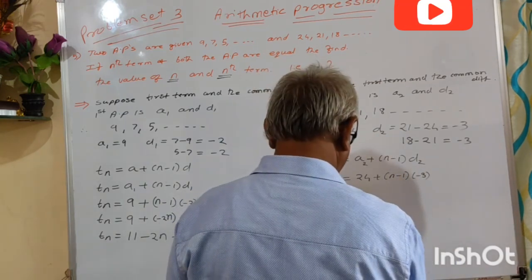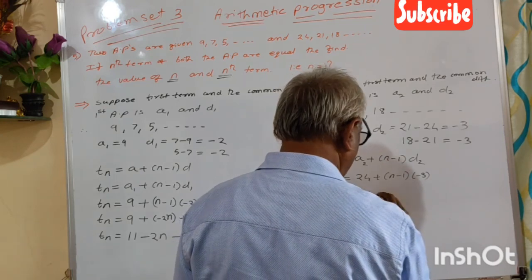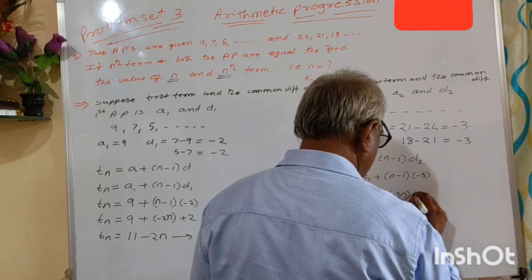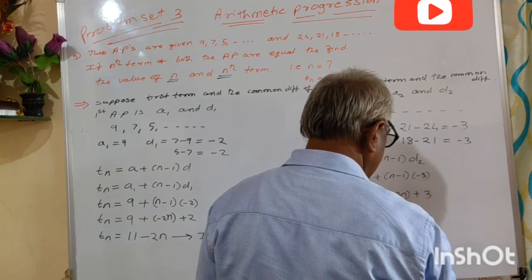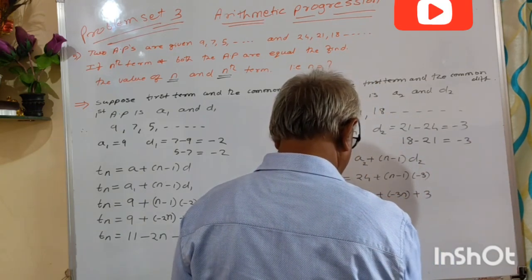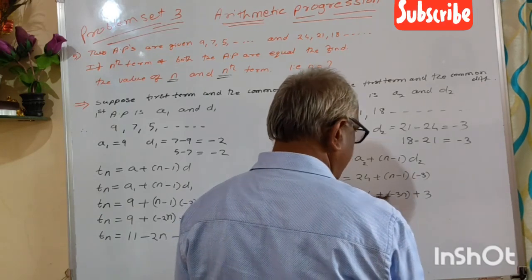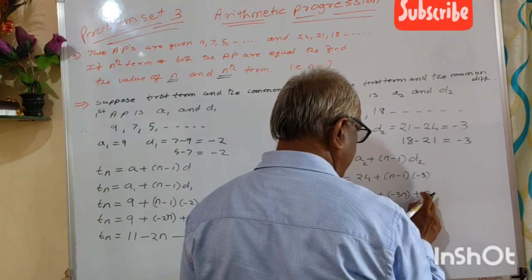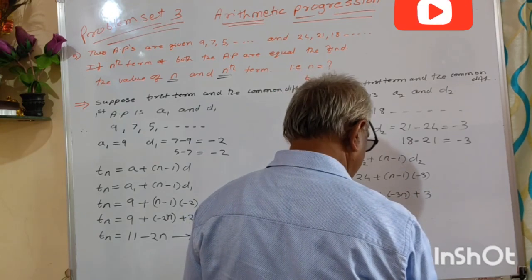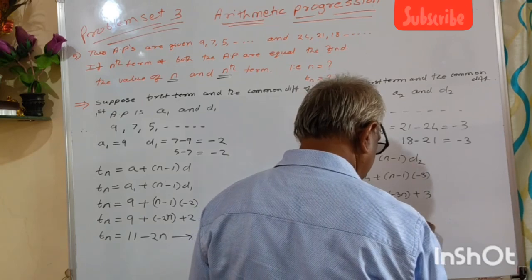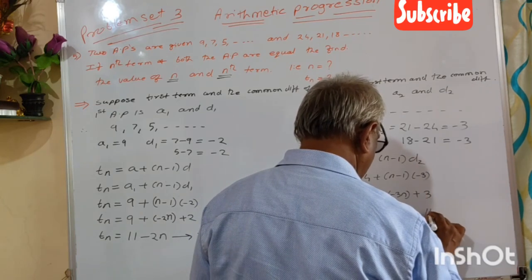So here 24 plus (minus 3n), minus into minus plus 3. This is Tn. Then Tn is equal to 24 plus 3, that is 27, plus minus 3n. This is equation number 2.